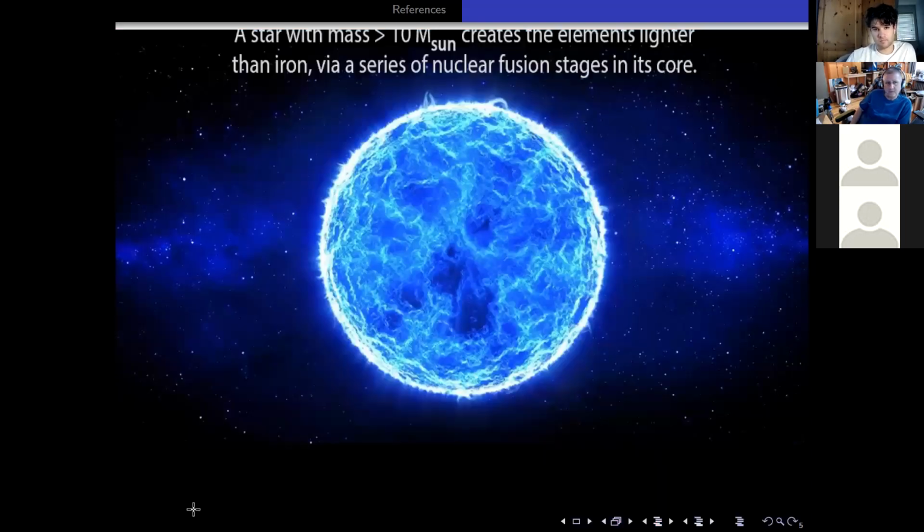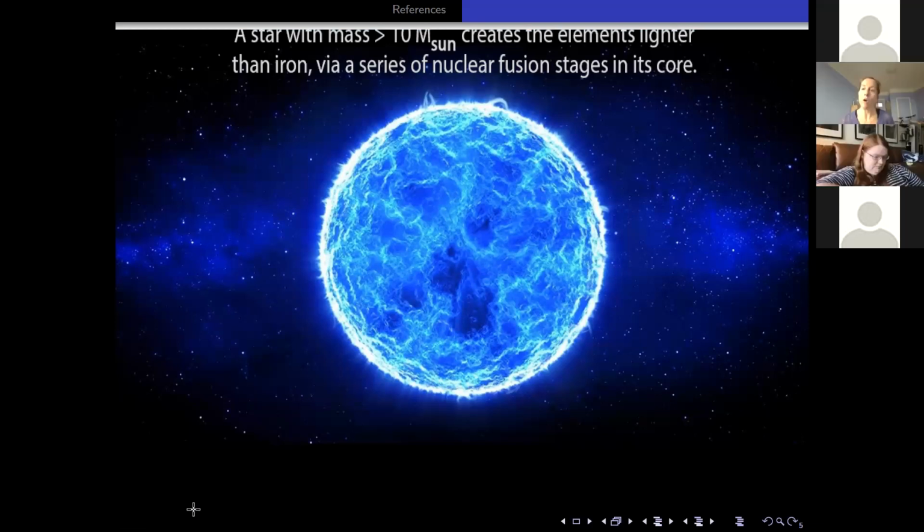So we start with a main sequence star, a supermassive star. And by supermassive, what I mean is a star with a mass at least 10 times the mass of our sun. This star, during its main sequence lifetime, is fusing the elements that we know of from helium all the way up through iron in its core.